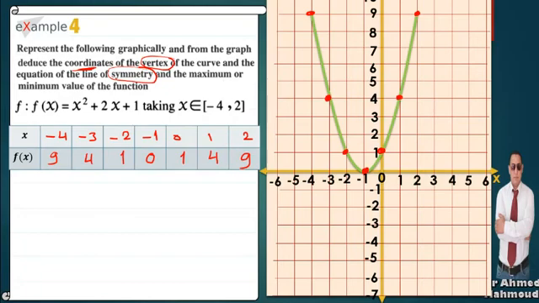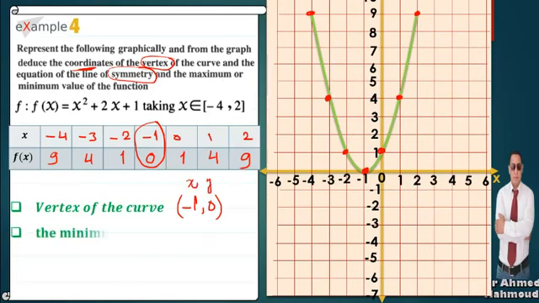Okay, now I need to find the vertex. The vertex appears here. It's -1 and 0, or by using the table, it's the center of the table, which is -1 and 0. The vertex is formed from x and y.